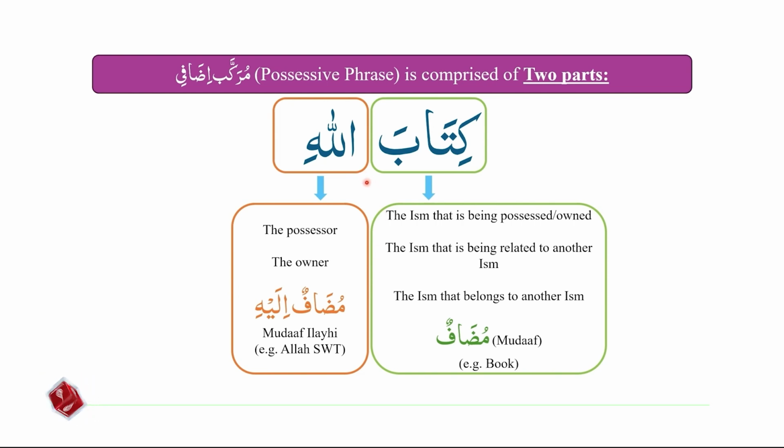Ism Allahi is the possessor of the book. Ism Allahi is the owner of the book. And with the combination of mudaf and mudaf ilay, we are establishing a relationship between one ism and another ism. In the case of kitab Allahi, that relationship is the relationship of owning or belonging.